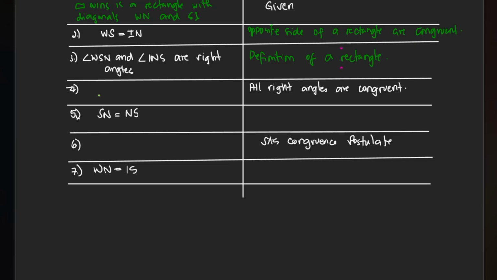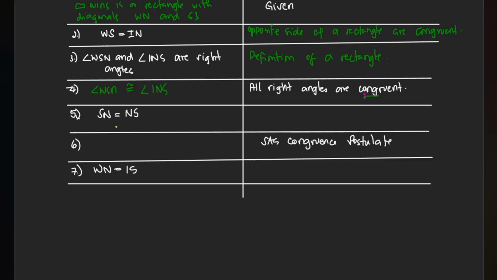So that is a measure or angle WSN is congruent, okay, to angle INS. Kasi sabi dito, all right angles are congruent, and we mentioned from our third statement that angle WSN and angle INS are right angle. So this will be our guide to identify the statement for number 4.